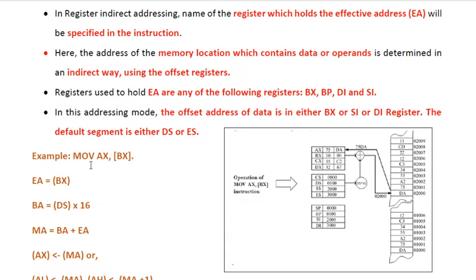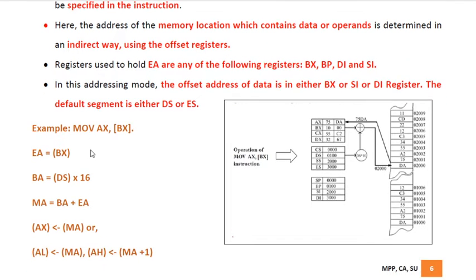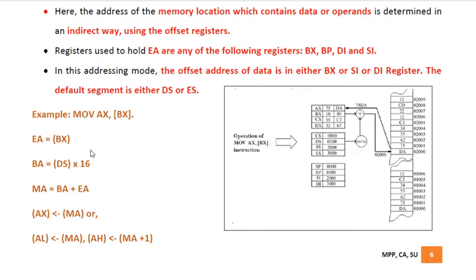First we multiply by 16, or append quadruple zeros at the end of a 16-bit base address, and then we add the offset in order to determine the memory address. So the content of the memory location pointed to by BX will be placed into the register AX. This is how register indirect addressing mode basically works.